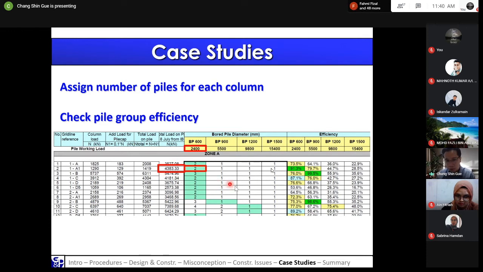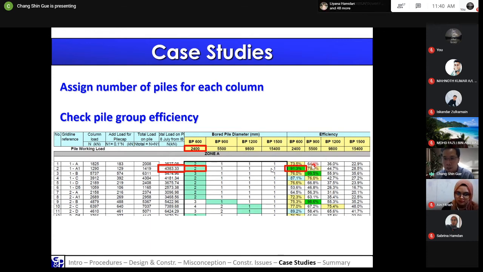And what this means is that if you're using this configuration, two 600 millimeter piles, you have 91% efficiency, because your capacity is actually 4,800 but you're taking 4,383, so your efficiency is 91%. But of course, if you want to use a larger pile group where your capacity is 5,005, you can take this column load, but then your efficiency will drop.